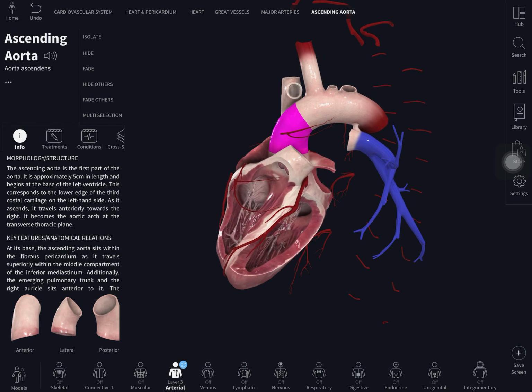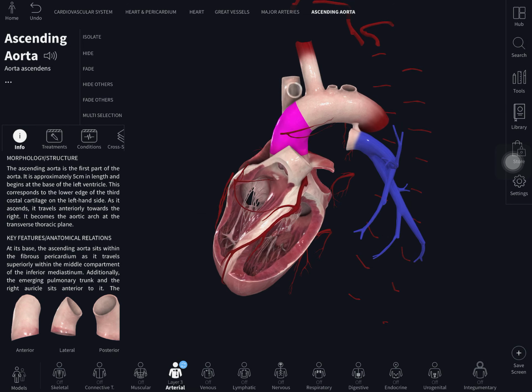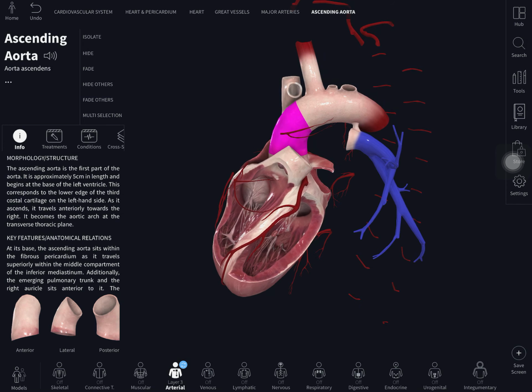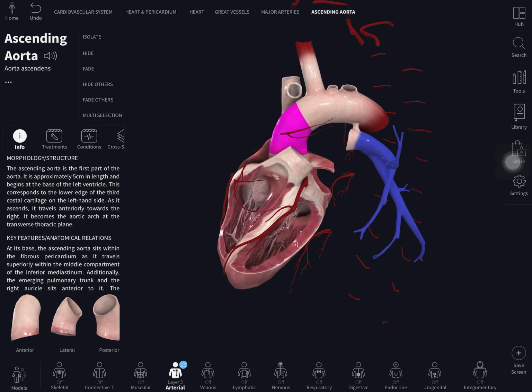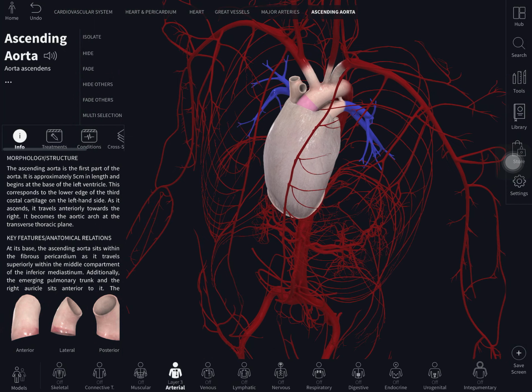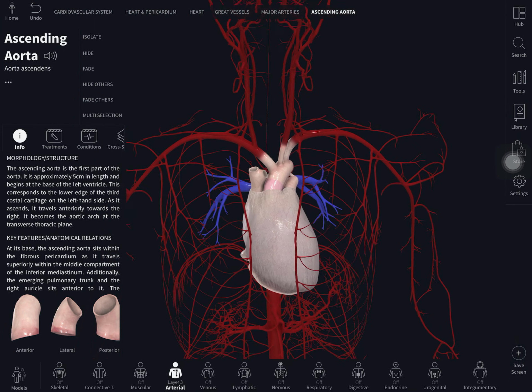So now you know the valves, and you know the blood entry and exit. This is what you have to understand. And coming to the coronary artery, there is a right coronary artery and a left coronary artery. You have to keep this in mind.